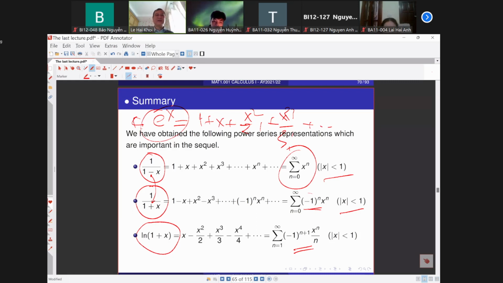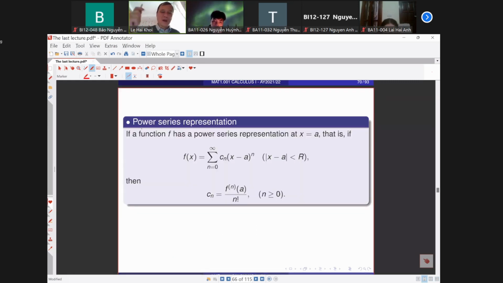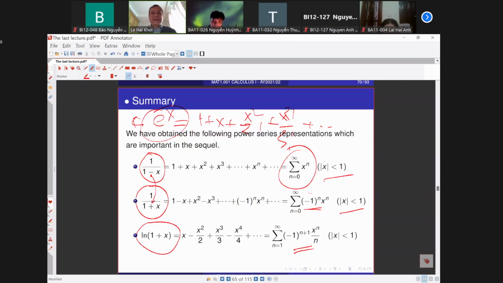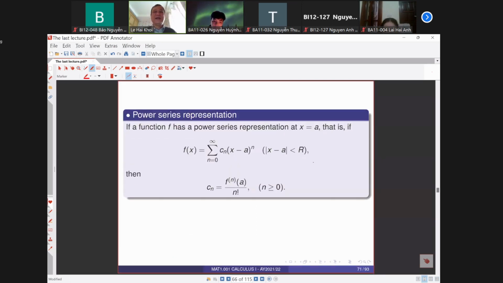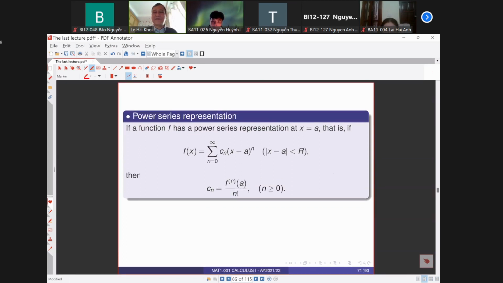Okay, so now we stop the first hour at this point, take a short break of 10 minutes, and then we continue to finish this part. In the second half of the lecture today, starting from the slide, you look at the screen, you will see some applications.